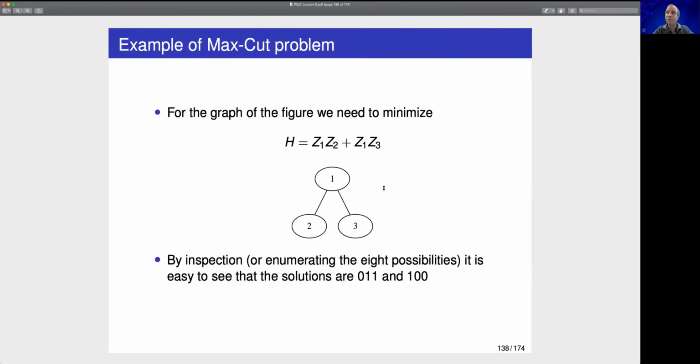Because this is related to the Z operator that we have already studied, okay? I'm going to explain how to do that, but first, a simple example that we are going to use in order to study this transformation from this combinatorial problem into something that we can solve with quantum computers.